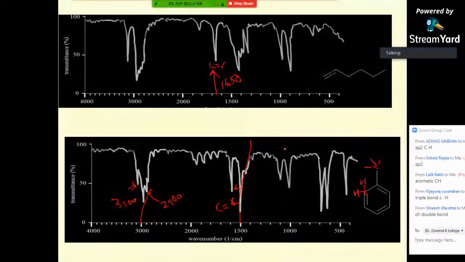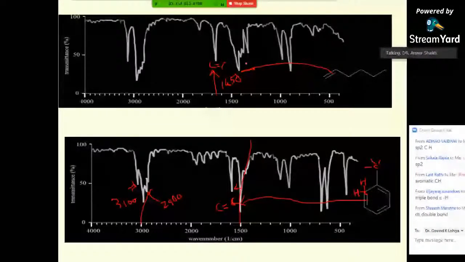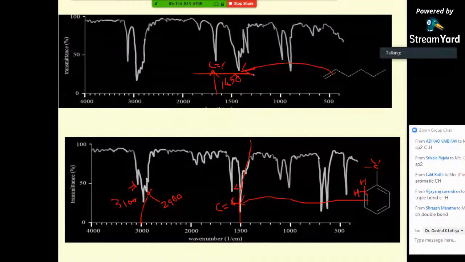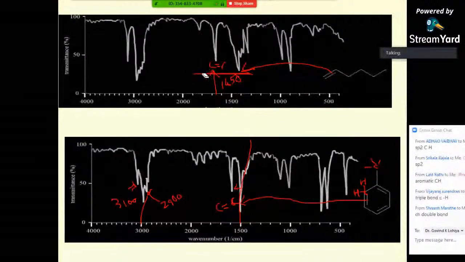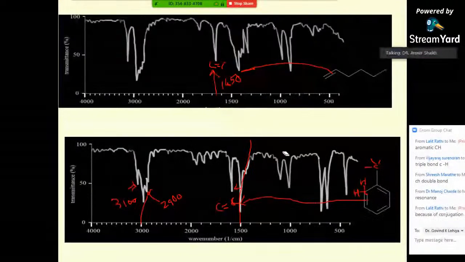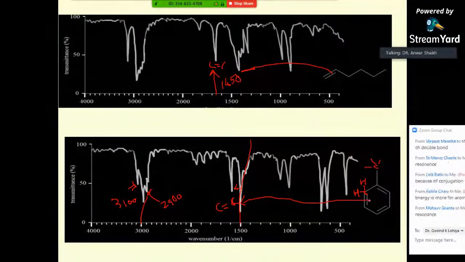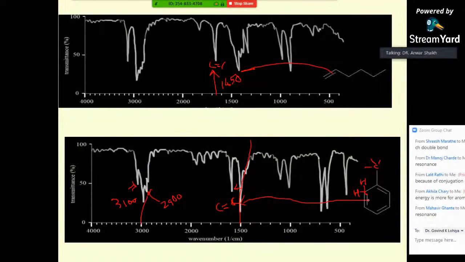Can anybody tell the reason why aromatic C double bond C is appearing at a lower value compared to the aliphatic C double bond C? What is the factor? Very correct, because of the resonance and conjugation. Because of the resonance, the double bond is rotating.